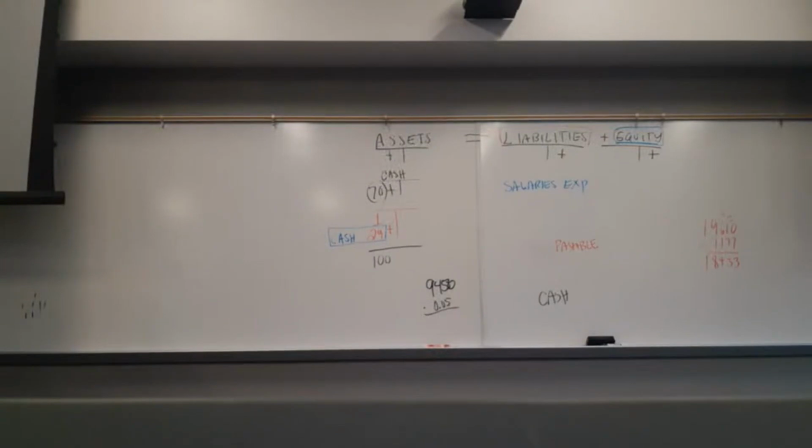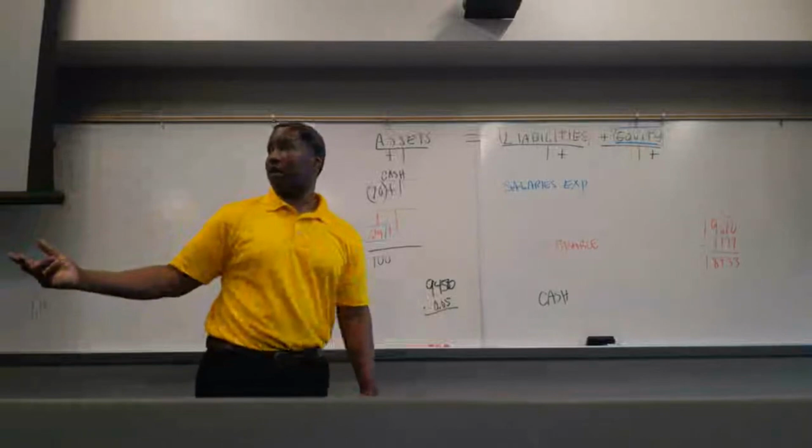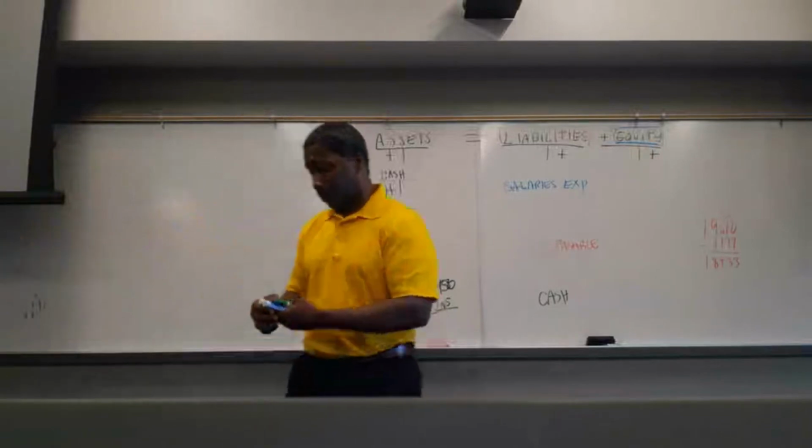Okay, so let's see what we have. Your federal income taxes payable is given to you. It's $91. Usually, you're not going to have to compute. Now, excuse me, when I'm saying it's given to you, that's not the number every time. That's based on what is being done. So in this case, that's given to you.